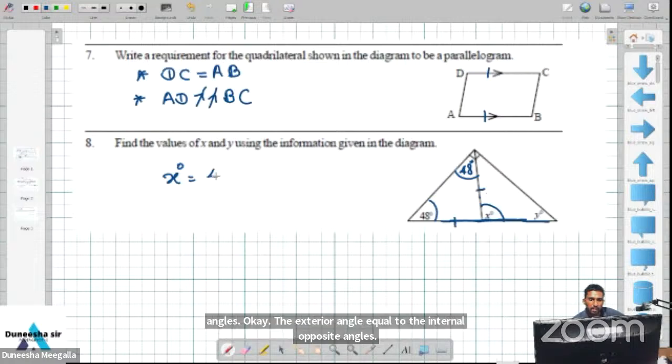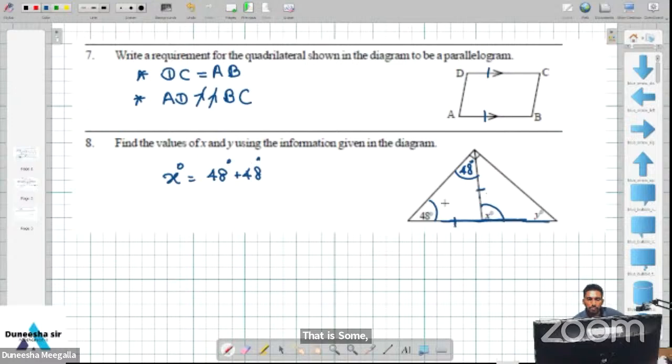What is the sum of the internal opposite angles? It equals the sum of these two 48s. What is x? How much is it?